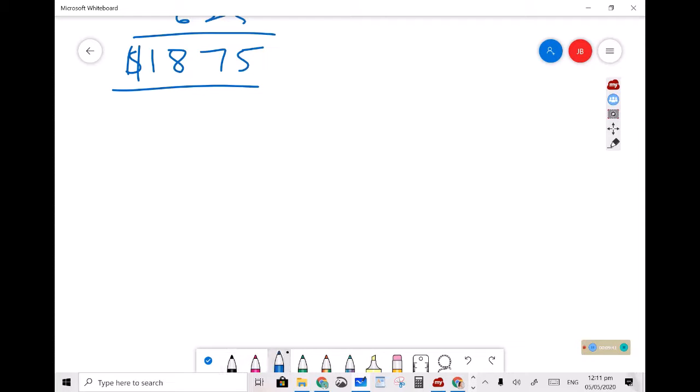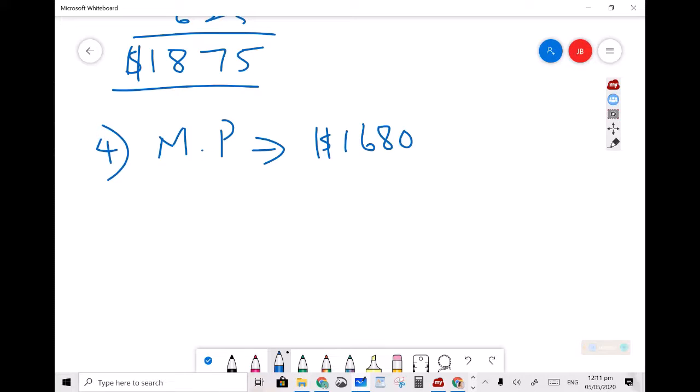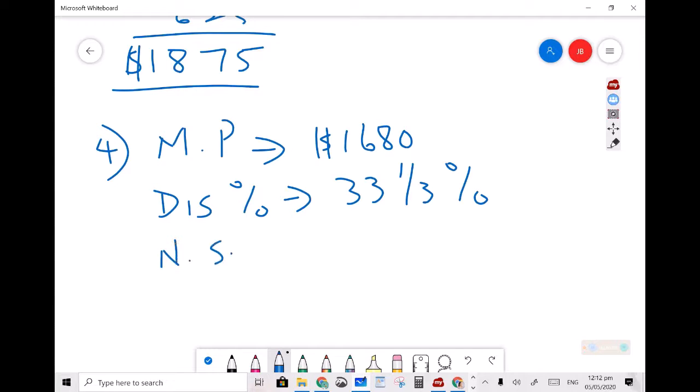This is example 4, where we have our marked price at $1,680, our discount percent at 33 and a third percent, and our new selling price is what we have to calculate.